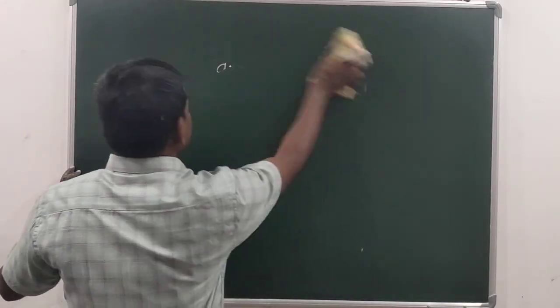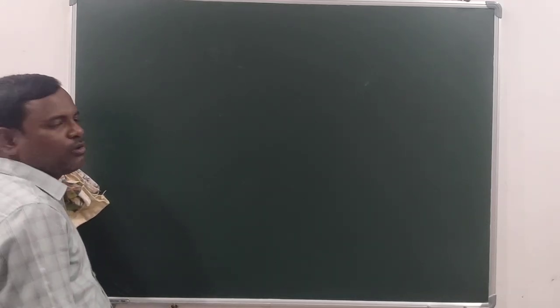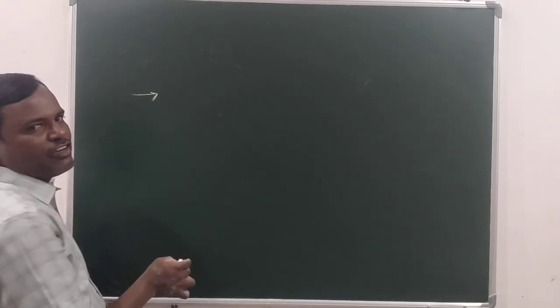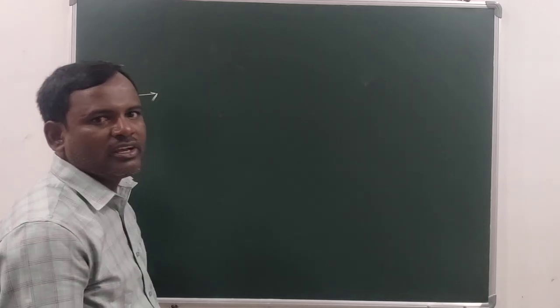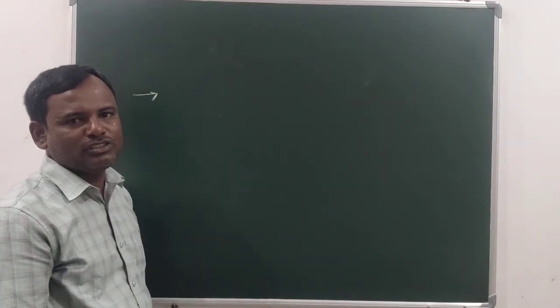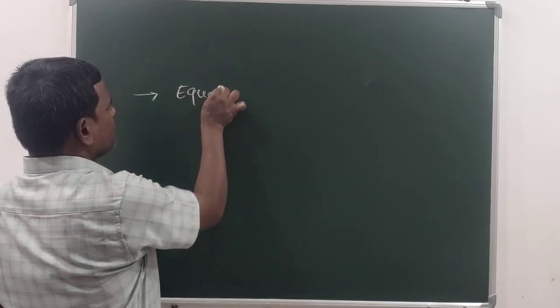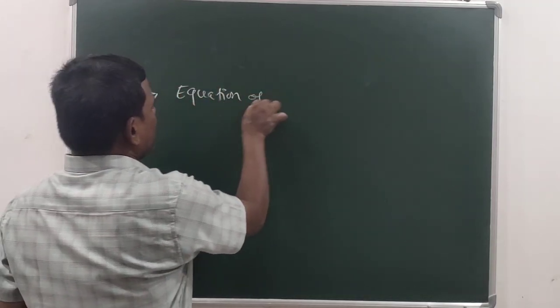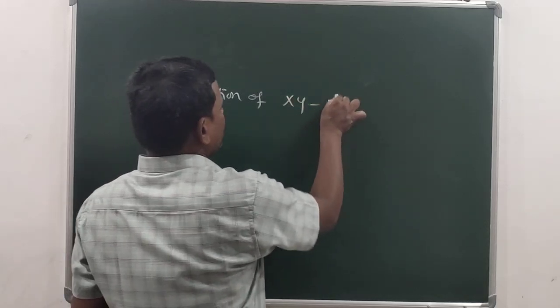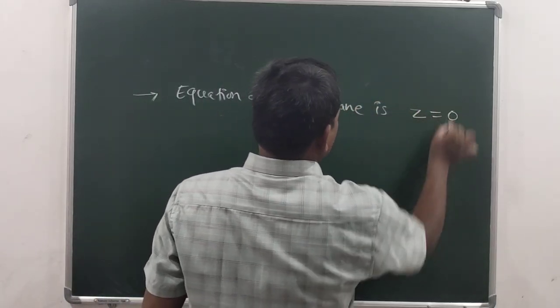See students, you know what is the equation of the xy plane? On the xy plane, the z value becomes 0, no? So the equation of the xy plane is z equal to 0.